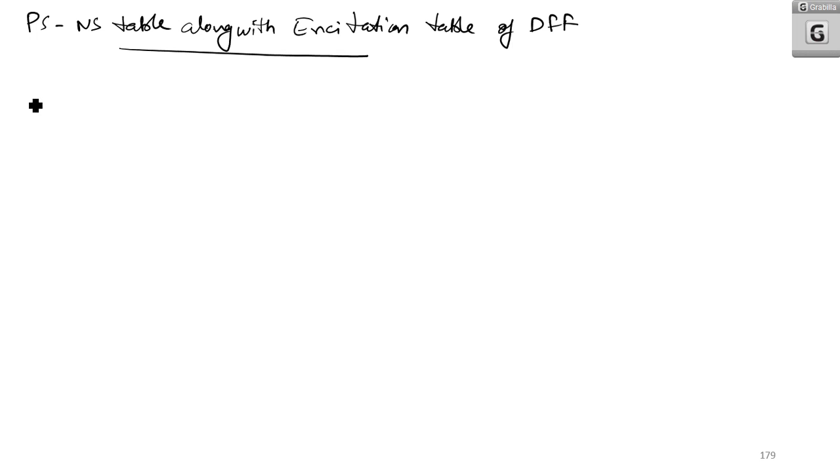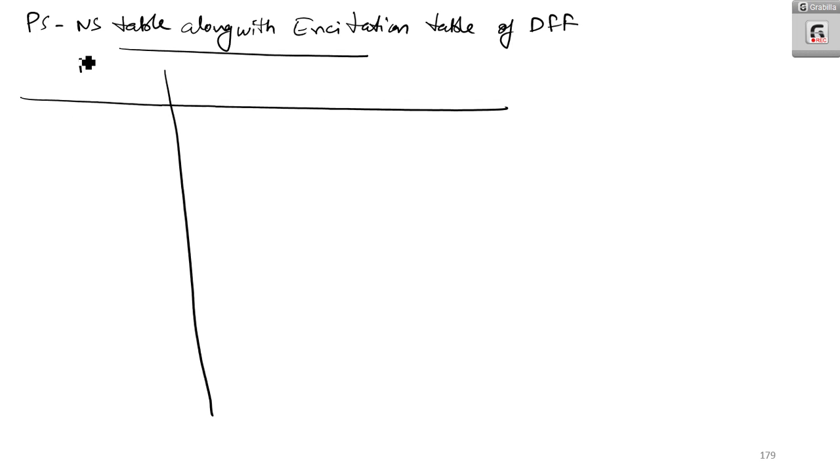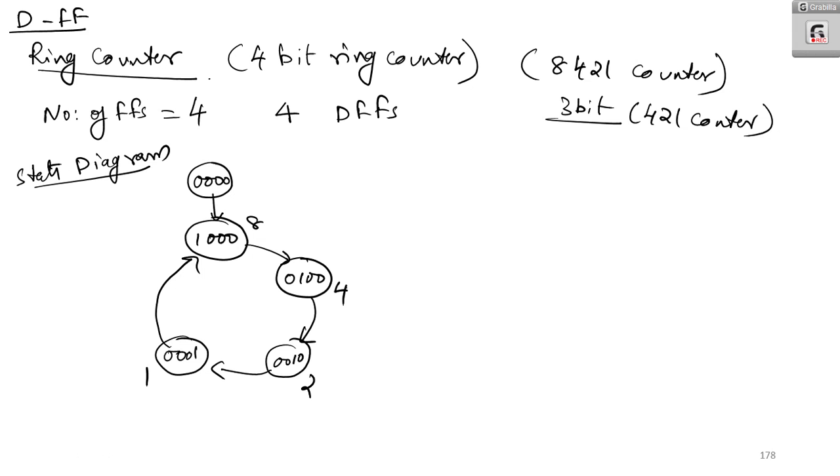So drawing the figure, we are having present state, next state. Here we will deal with only the valid states for the time being. That means the others are invalid states, so we will deal with 8421 only for the time being.